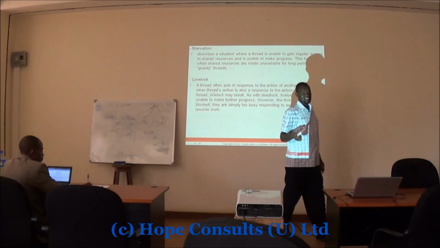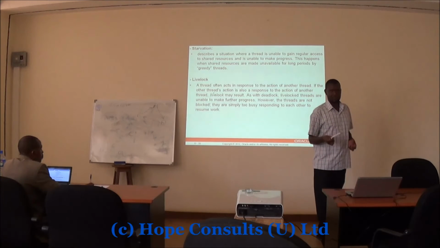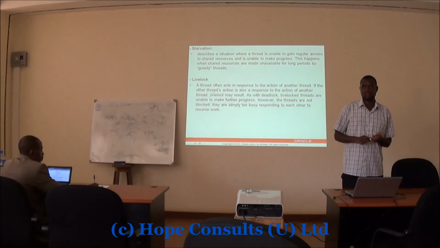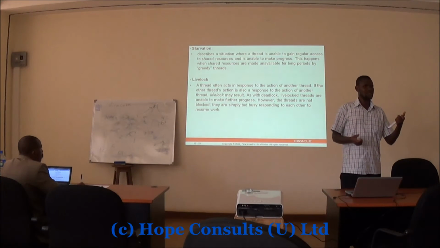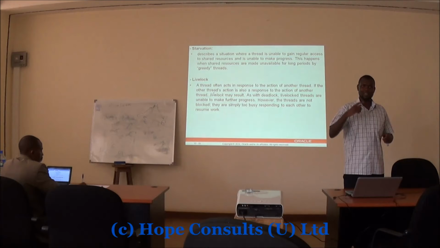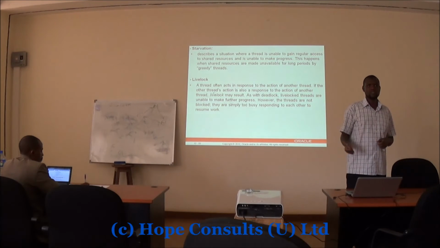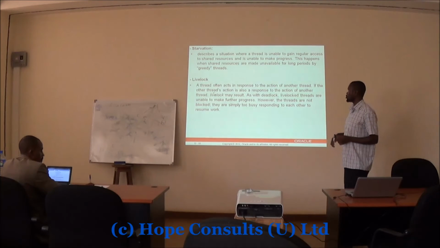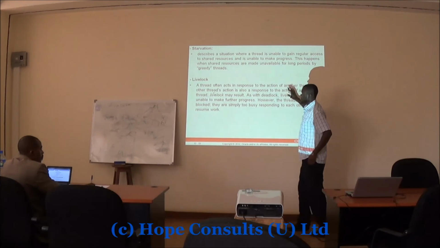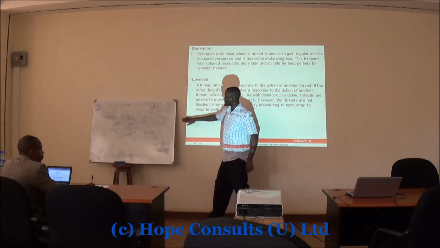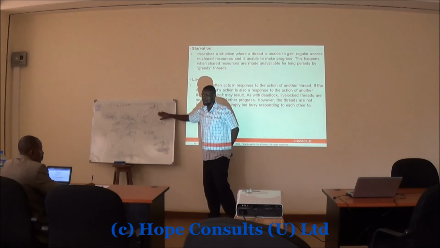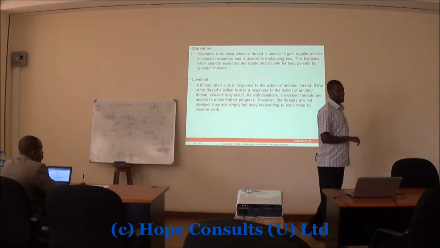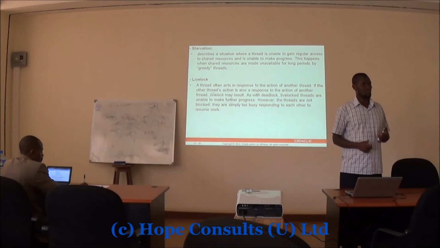It's like nested triggers in a database, where a trigger triggers another one, which triggers another one, and the process keeps looping. So we have to have a way of breaking out at some point, so that we are able to get out of that livelock situation.